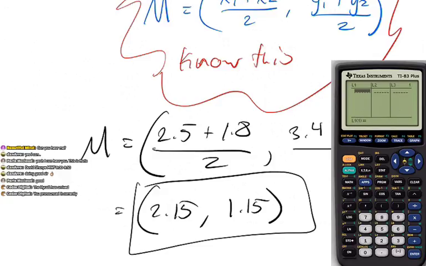So the two original points were 2.5 and the y coordinate was 3.4. So that's the first ordered pair. Then the second one they gave was 1.8 and I'm going to plot negative 1.1. So now our claim is that the midpoint is this 2.15 and the 1.15.